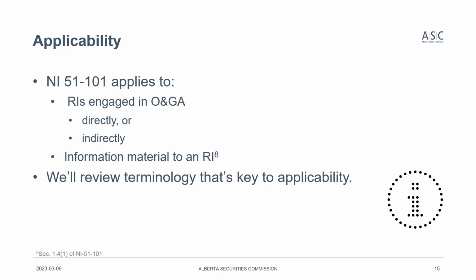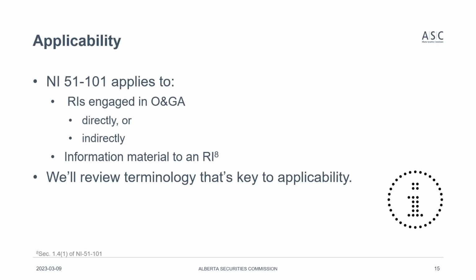We talk about materiality a lot, and we'll talk about that today as well. It applies to information that is material. I don't want to get too hung up on that, but in reality, reporting issuers are required to disclose material information, and that includes material oil and gas information.